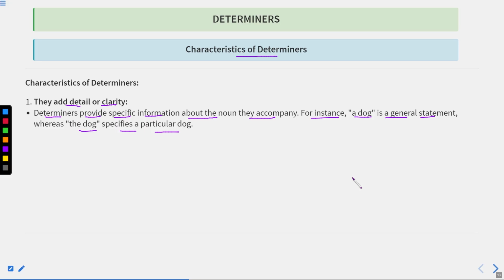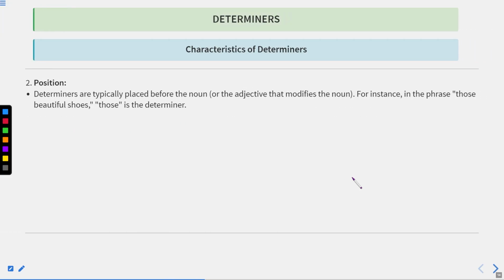For example, if I say a dog, that is a general statement. We can say a dog for any dog in this world. But if I say the dog, it means I'm making it specific, that I'm talking about a particular dog. So it creates clarity of the noun or the context we are referring to. For example, if I say my pen, it means I'm talking only about my pen, not any pen. Okay, now let us move to the next one.